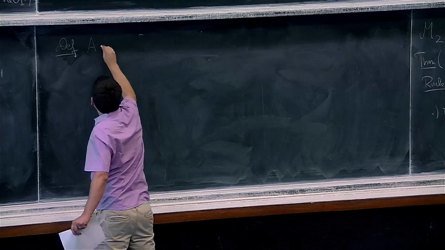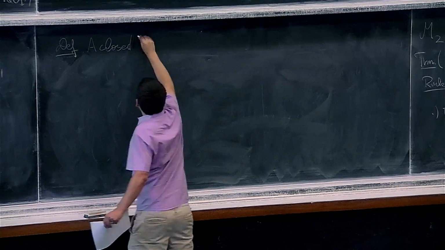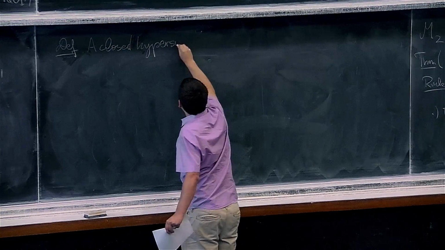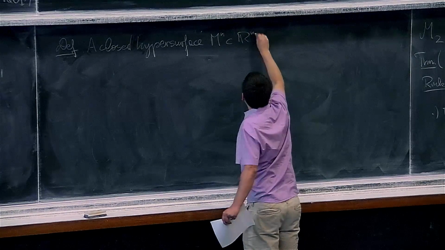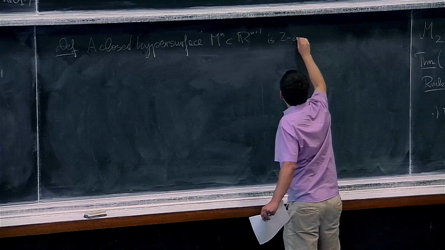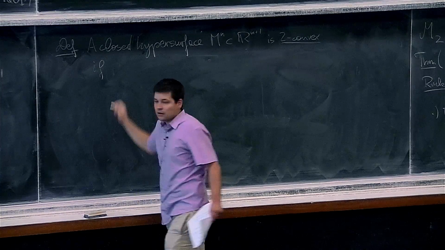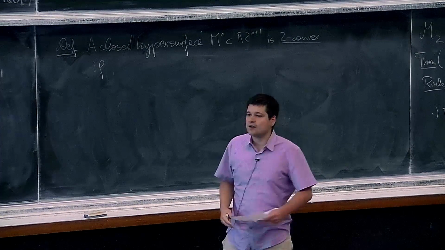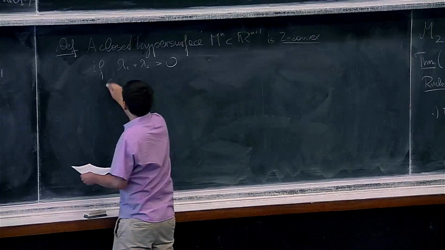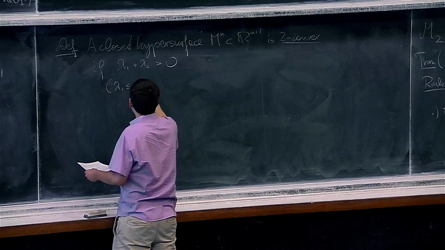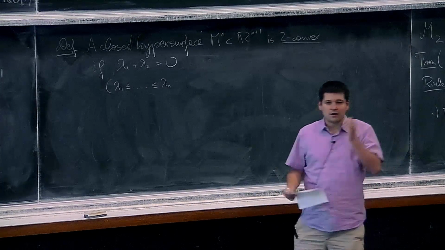So a closed hypersurface is two-convex if the sum of the smallest two principal curvatures is positive. So lambda 1 up to lambda n are the principal curvatures, the eigenvalues of the second fundamental form ordered by size.